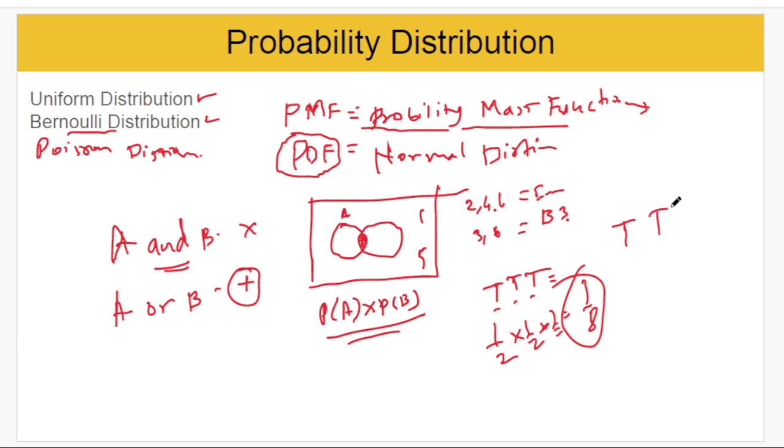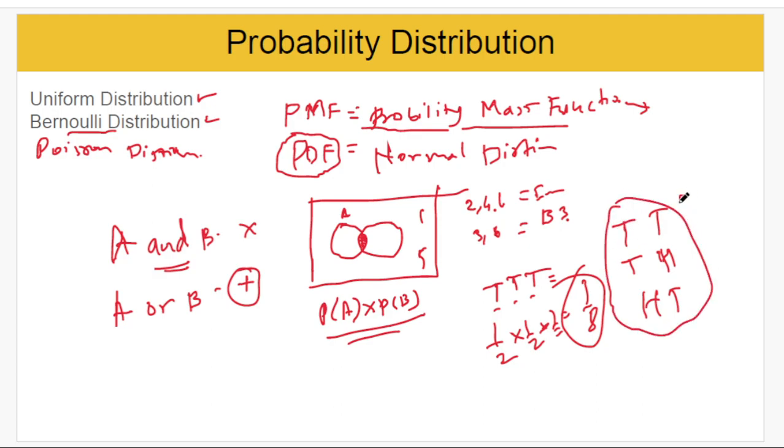But if I say the first toss should be tail or the second toss should be tail, what are my possible outcomes? TT, TH, and HT. Sorry, I forgot head. So only 3 outcomes are possible.